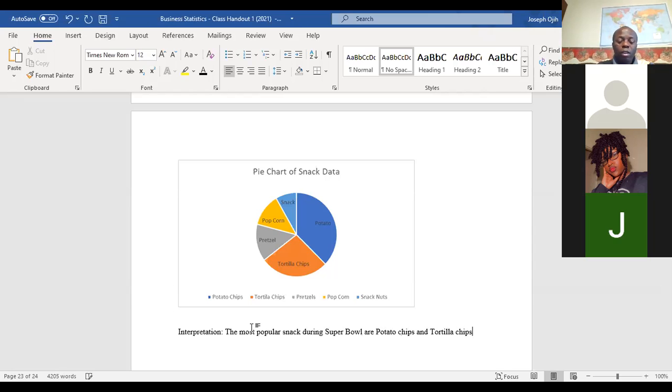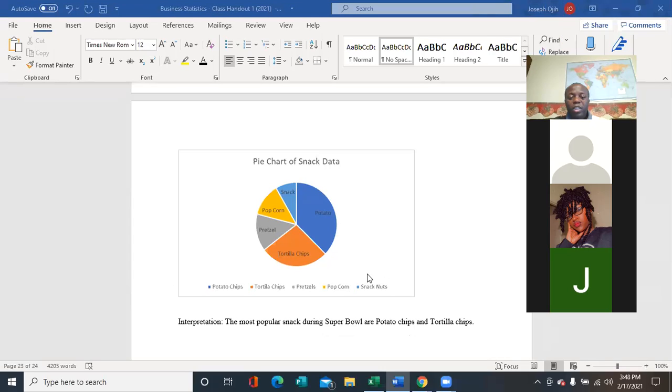So if you have a grocery store, during the Super Bowl, you can know that you have to stock up more of the potato chips than the tortilla chips.